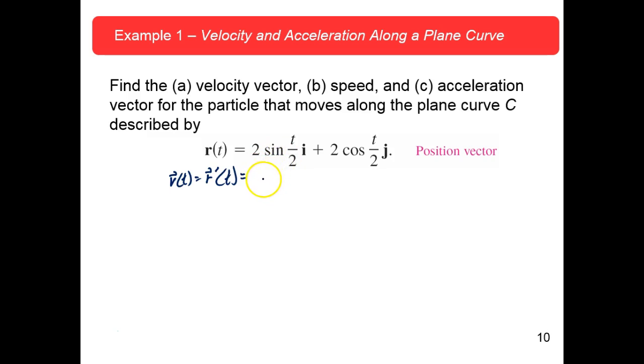So this will be? 2 cosine. Okay, you can start it that way. 2 cosine of t over 2 i. But you've got a chain rule with the t over 2, so you have to divide by 2. Divide by 2, so that goes to 1. Okay? So cosine t over 2 i, and now it'll be a negative.